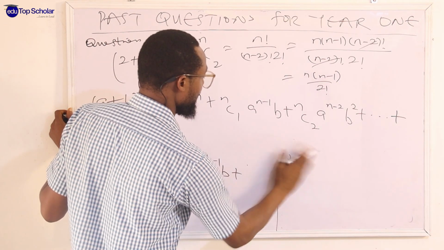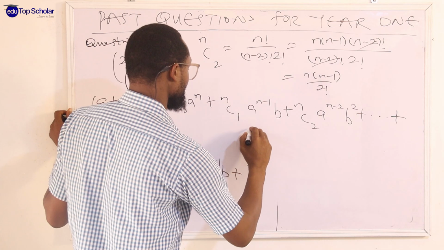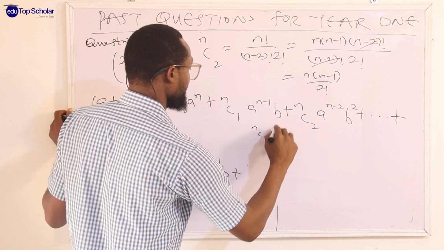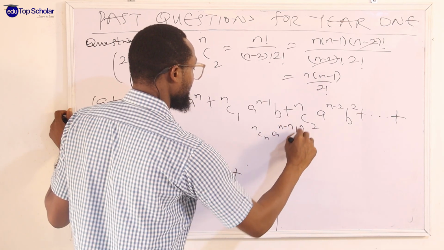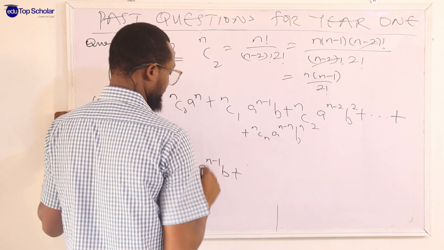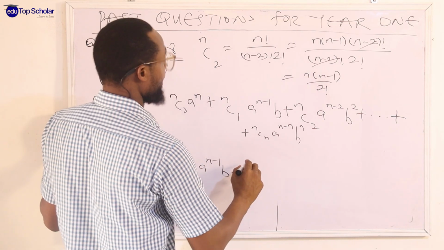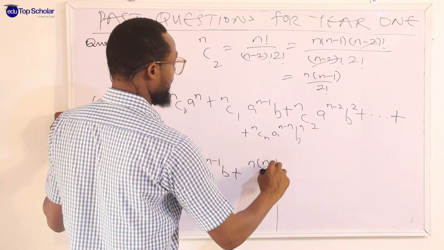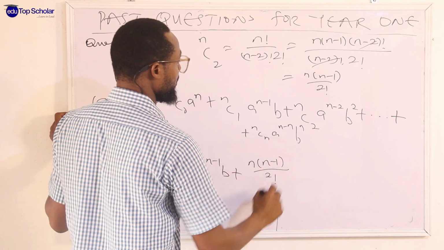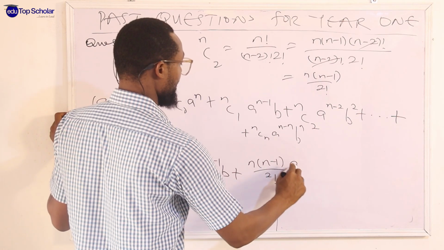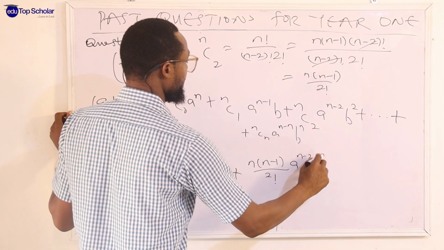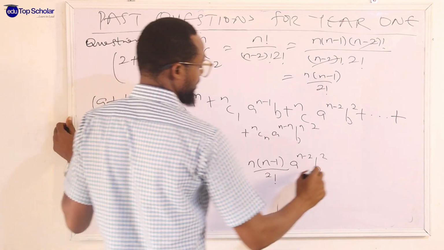I should write the last term as n combination n a raised to power n minus n b raised to power n. So the next term here is n into n minus 1 over 2 factorial multiplied by a raised to power n minus 2 b squared, and so on.